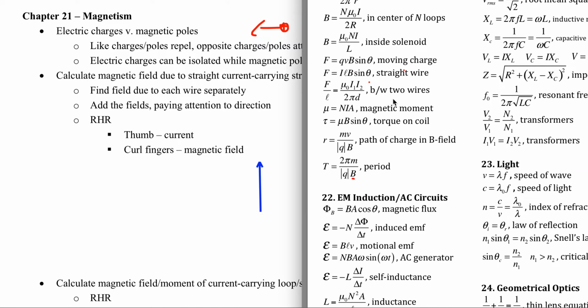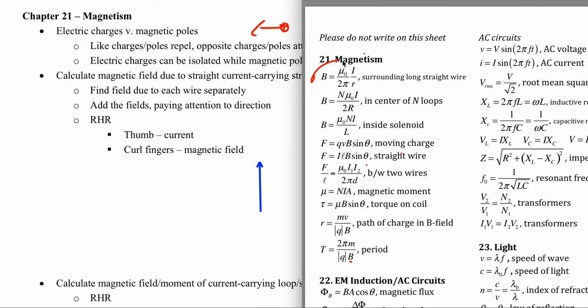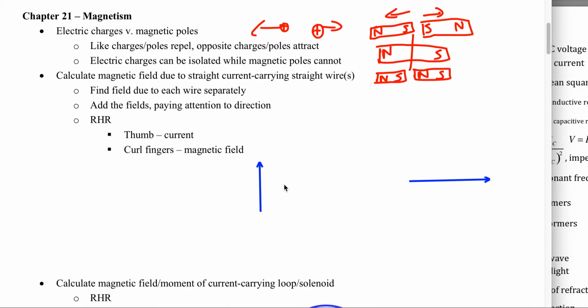This equation tells us that if we have a current in a wire, then this gives us the field at a certain distance r away. So at this distance r, there's going to be a field. But if r gets further away, then the field will get weaker. So you need to be able to calculate that field due to one or more wires.